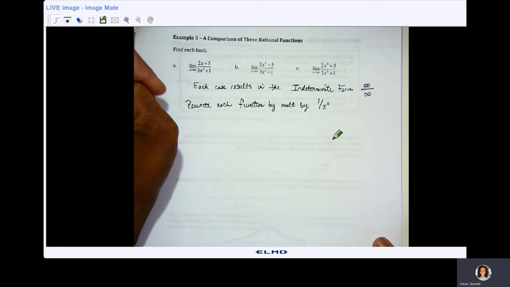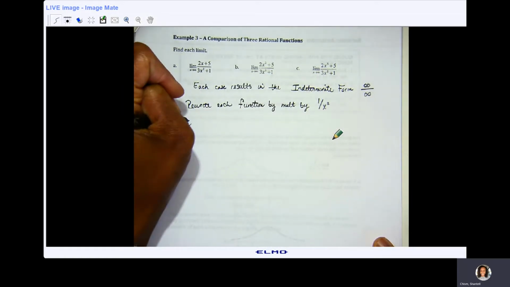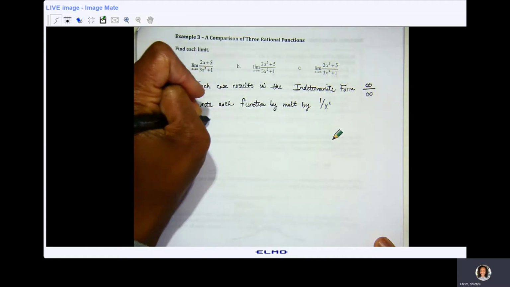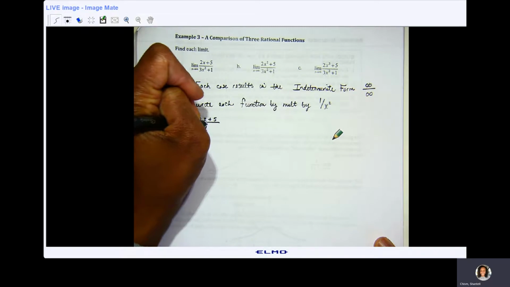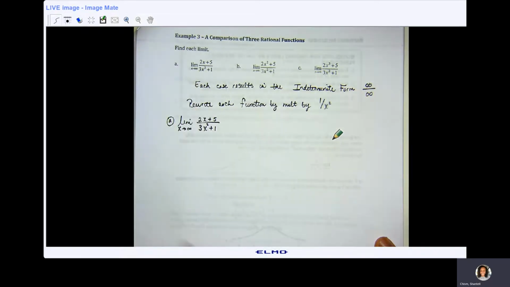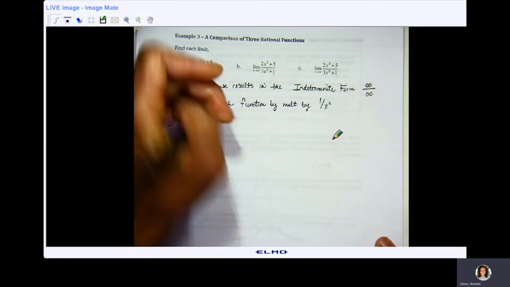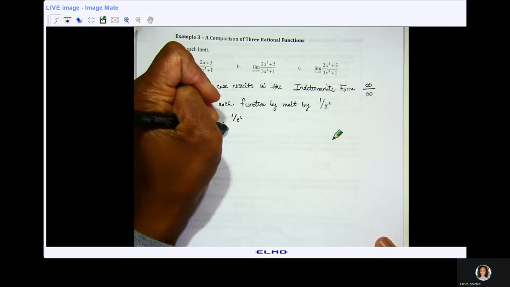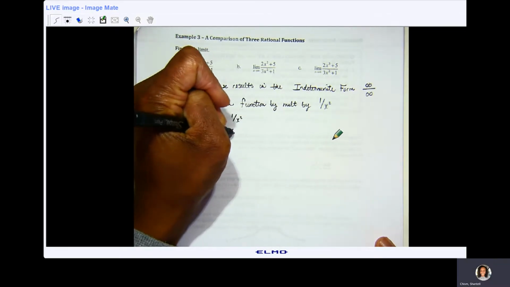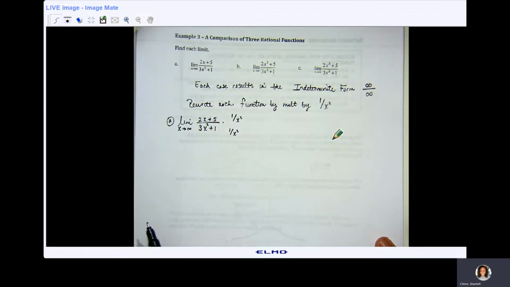Okay, so I've got the limit as x approaches infinity of 2x plus 5 over 3x squared plus 1. As is, it won't work. So I'm going to multiply top and bottom by 1 over x squared.